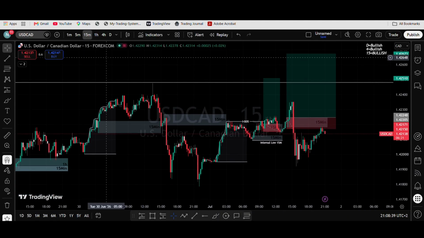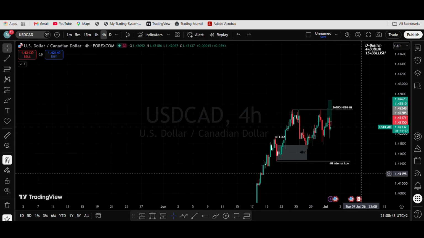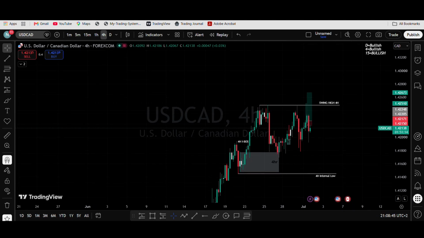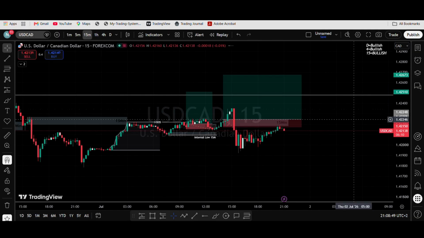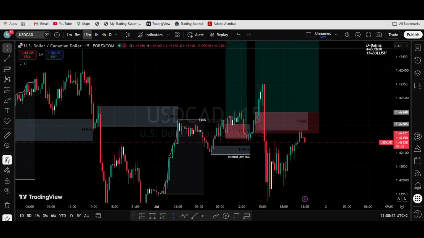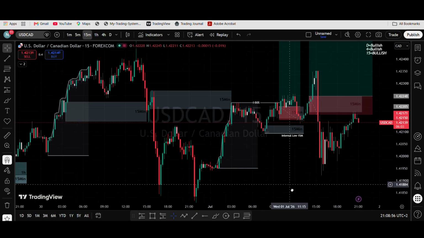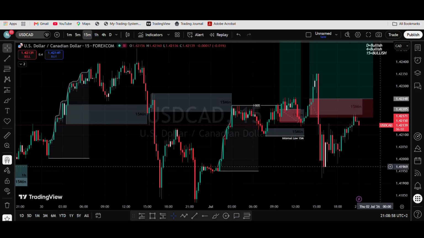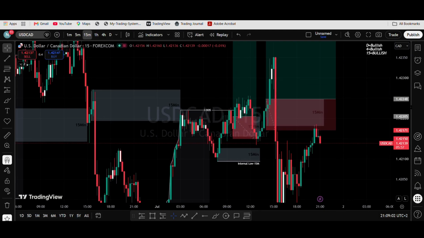So, as I previously mentioned, USD CAD is bullish, heavily bullish, so I am aggressive on that, aggressively looking for buys. Coming into this morning after the Asian session, we had an IBOS up here, two zones to choose from.